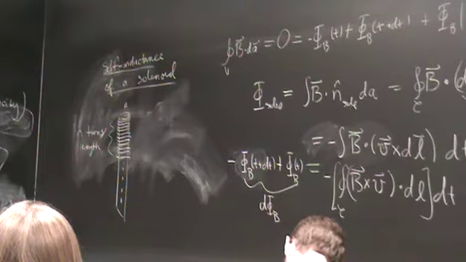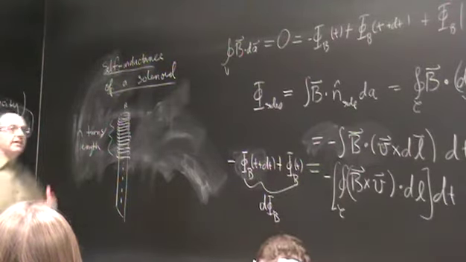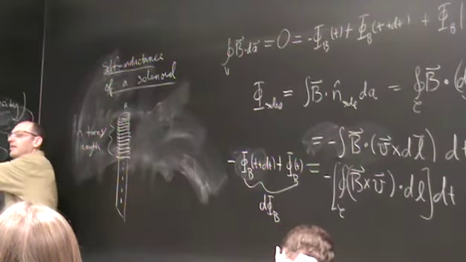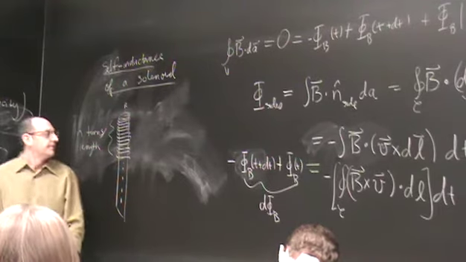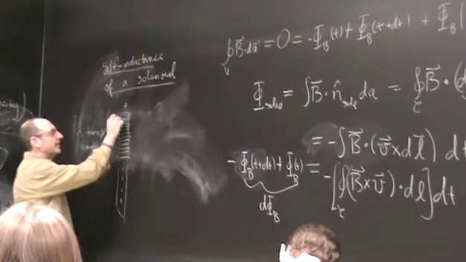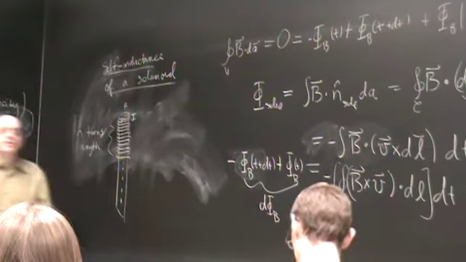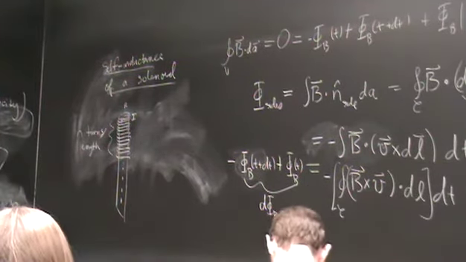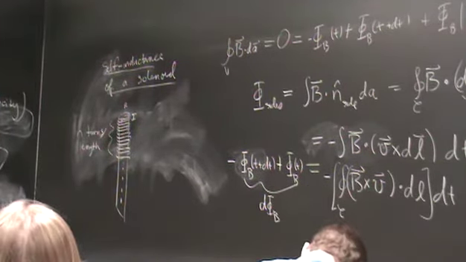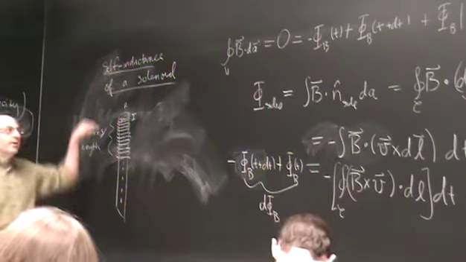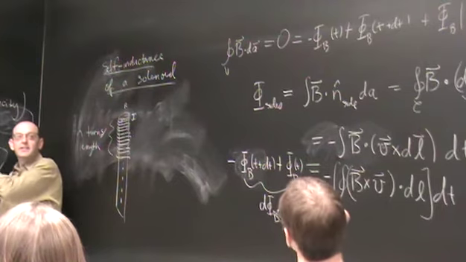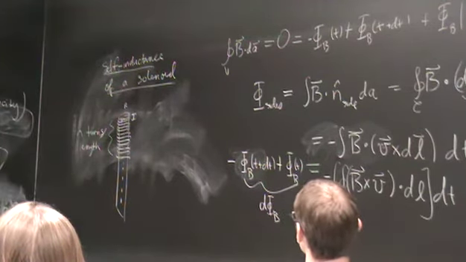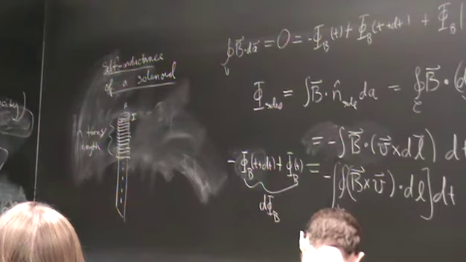You know the B field inside, right? So what we said is that inductance is related to how much flux you get for a given amount of current. So what you do is you put some current through the thing, and then I look at how much flux there is of the magnetic field through the thing, and then divide by that current, divide by C, that's the inductance in these units.